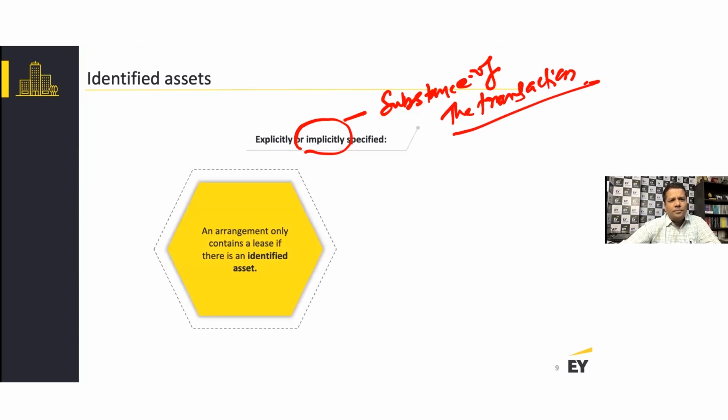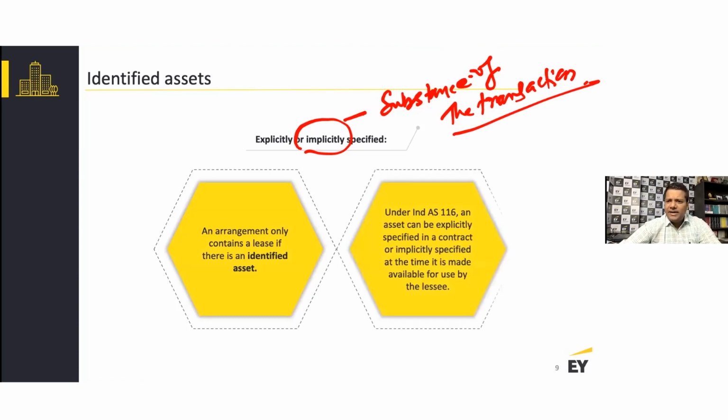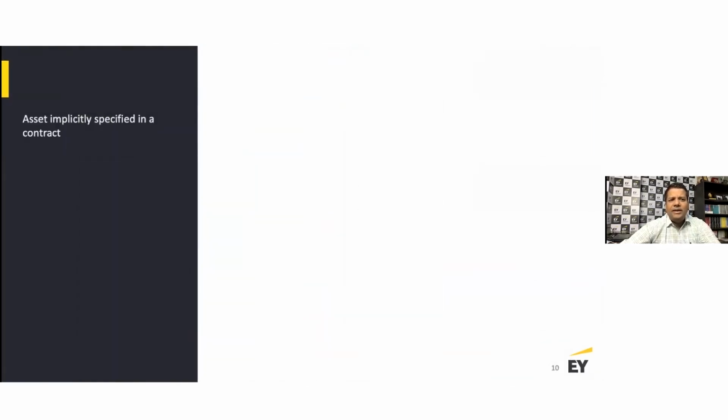An arrangement only contains a lease if there is an identified asset. An asset can be explicitly or implicitly identified at the time it is made available for use by the lessee.